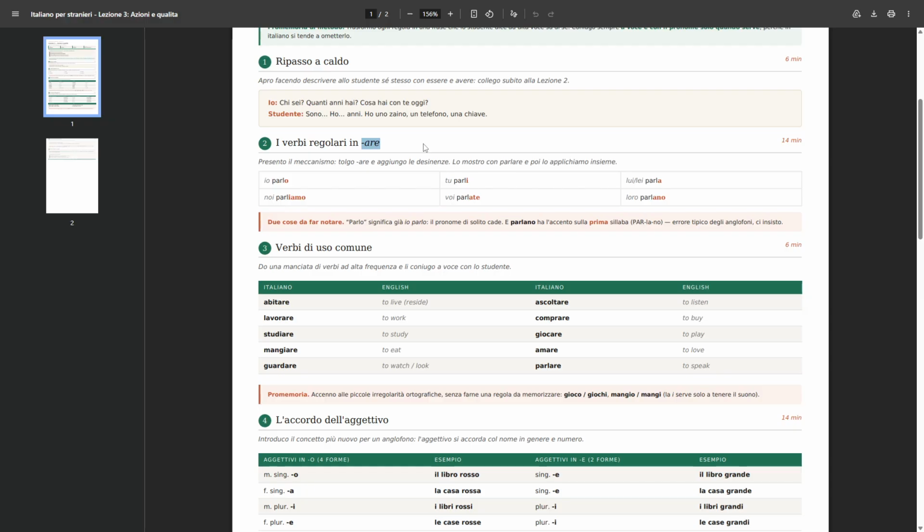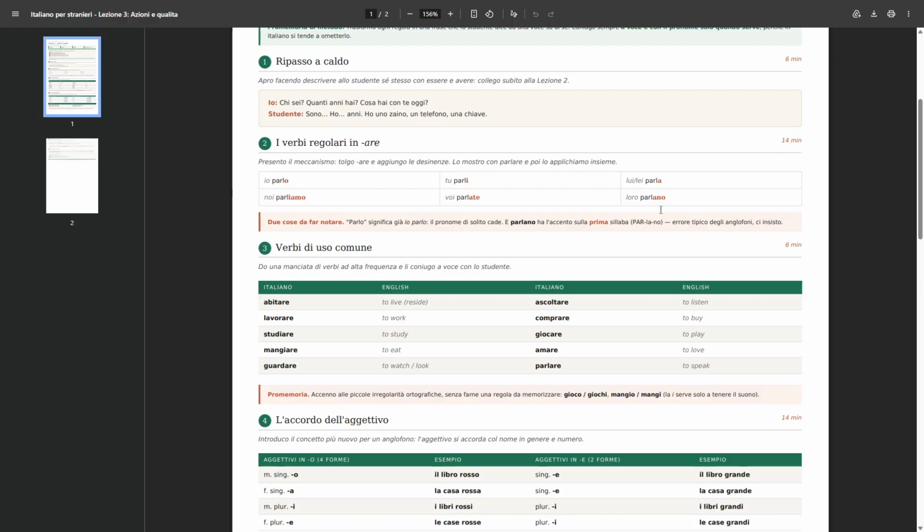So, how do we conjugate the verbs in Italian? It's not as simple as it is in English, but it's not that difficult. Here we have the present simple of the verb parlare. This means to talk, to speak in Italian. And as we can see here, we have the persons: io, I; tu, you; lui, lei, he, she; noi, we; voi, you, plural; loro, they.